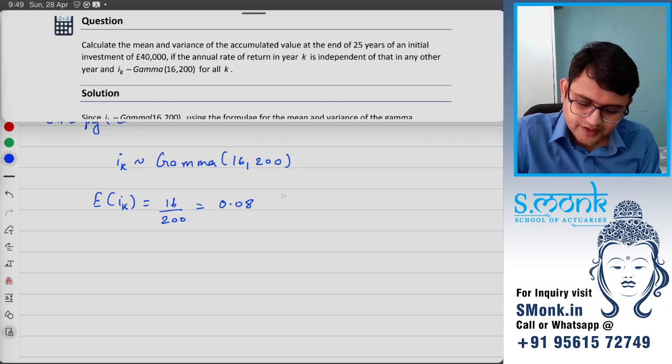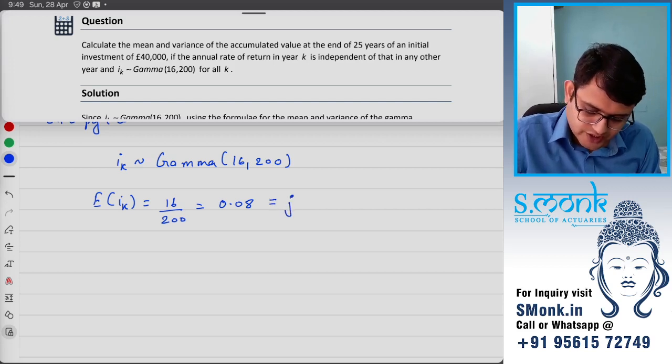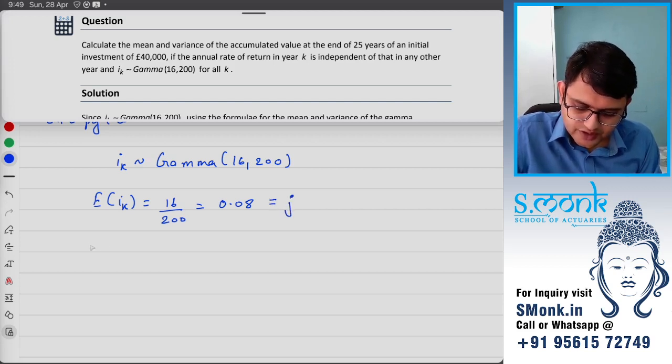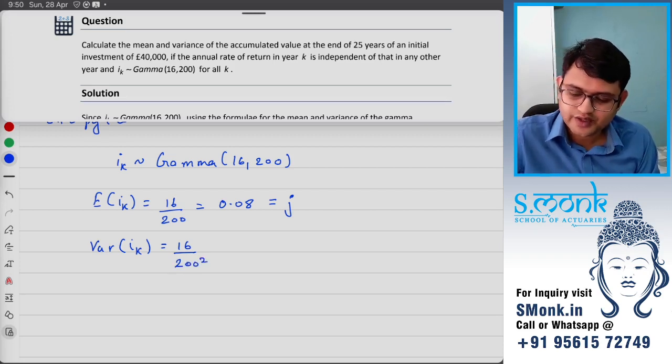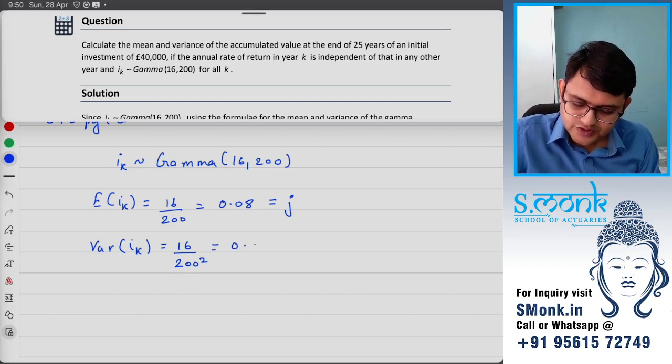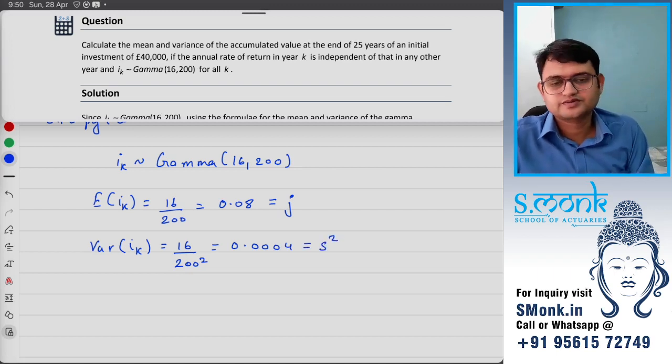Expected value we'll write as J, J is 0.08. And variance would be alpha by lambda square, so 16 by 200 square, that is basically 0.0004. And that becomes S square.